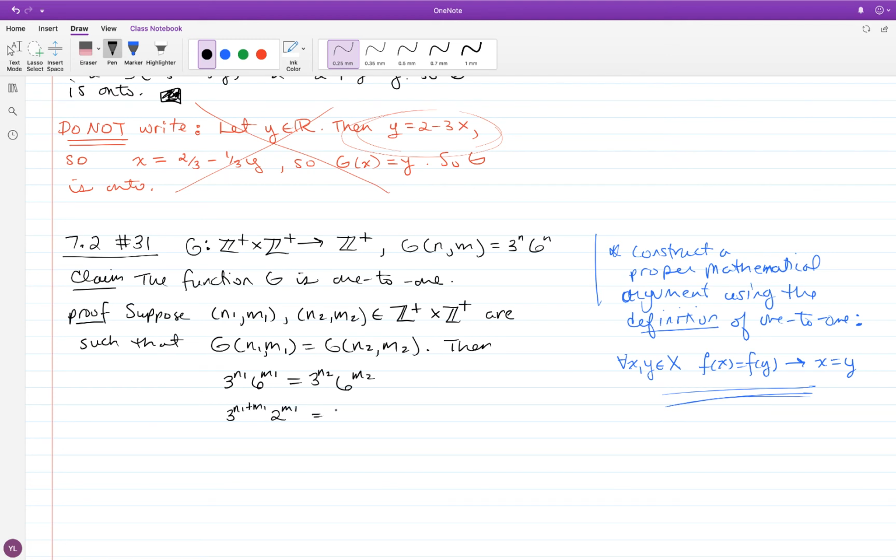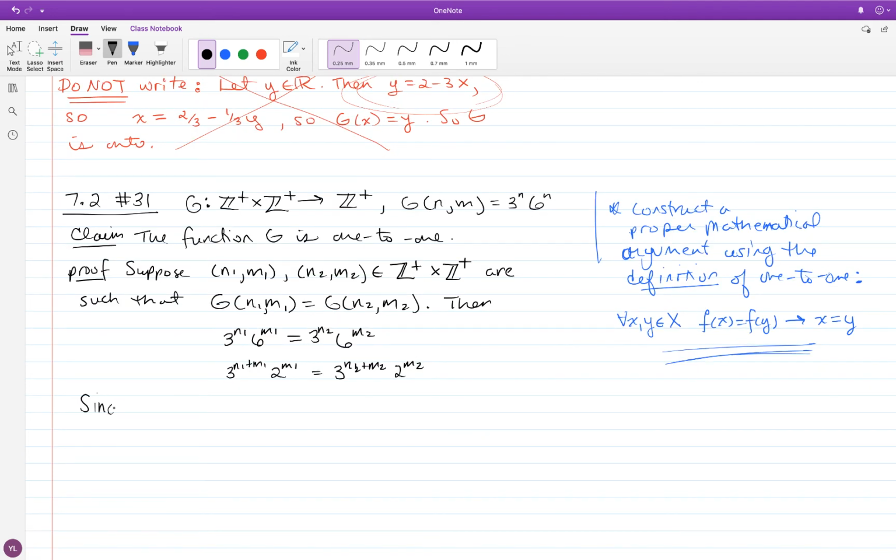Right now, it's not immediately apparent because I don't have prime factorizations. So manipulate it slightly so that you're looking at a prime factorization on the left and a prime factorization on the right. The minute you have that, since you know prime factorizations are unique, you can conclude that there are the same number of 3's on the left and the right, and 2's as well. So be careful with what you can conclude from that.